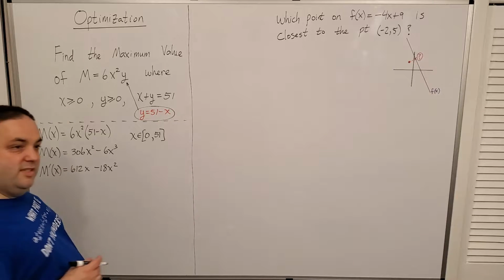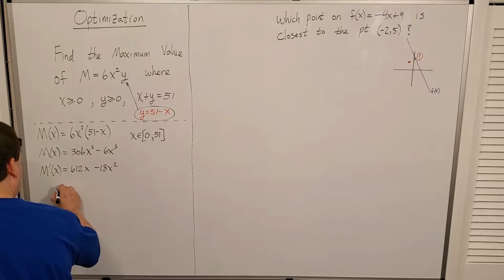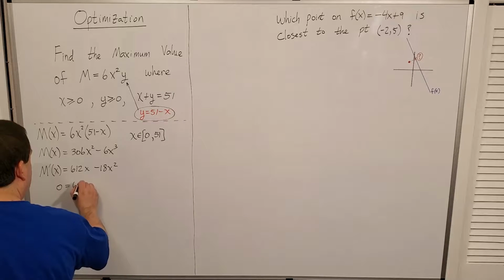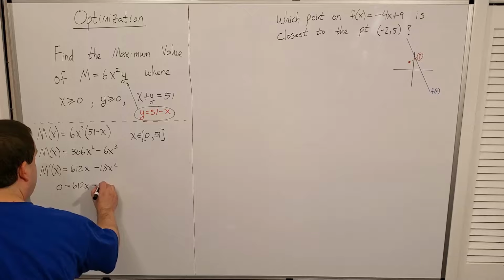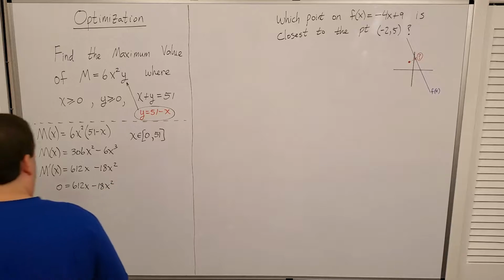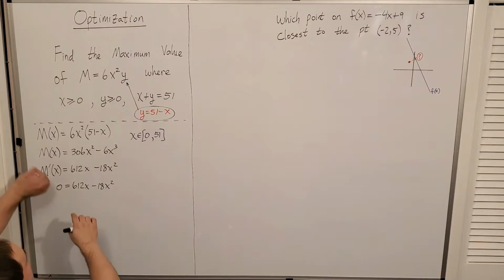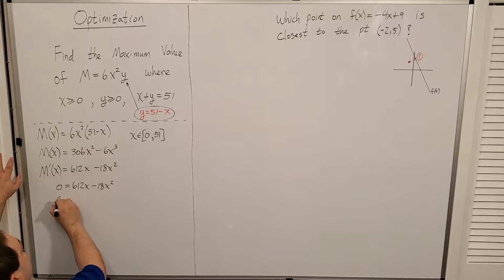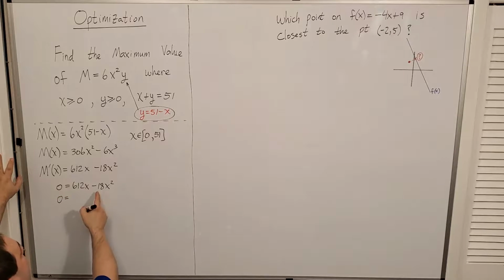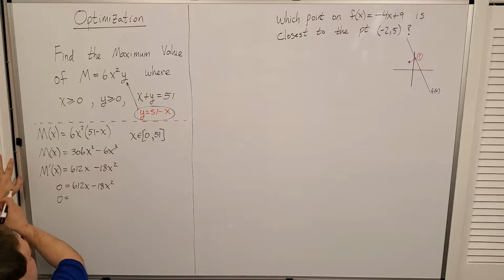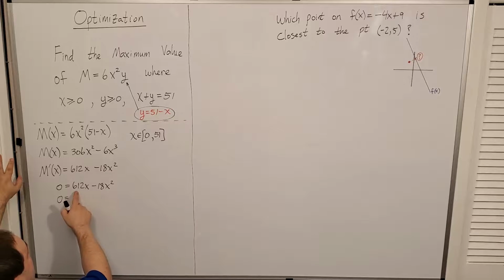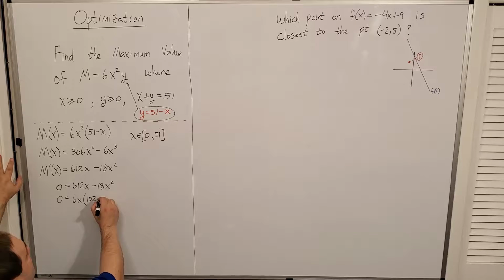So I'll do the equals 0 kind. 0 equals 612x minus 18x squared. I can easily solve this one by factoring. So I'll factor out, let's see, I can get at least a 6. If I pull a 6 and an x, that's going to leave me with 102 minus 3x.